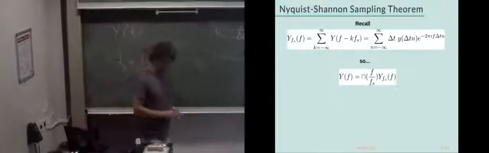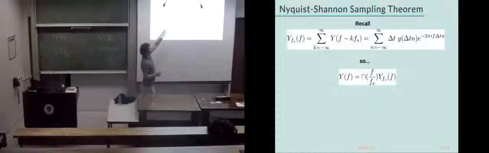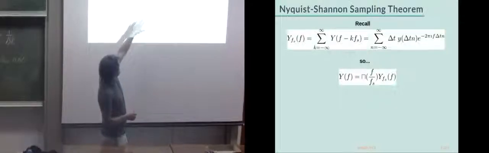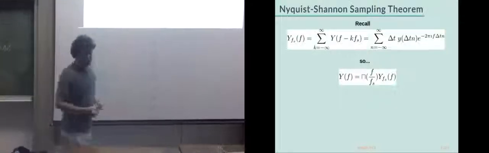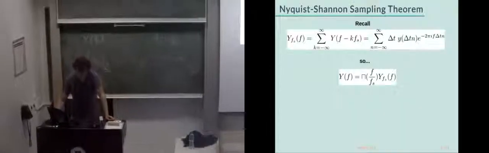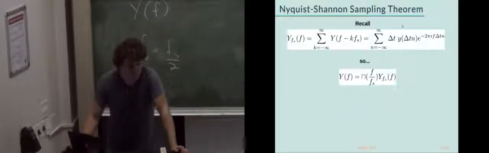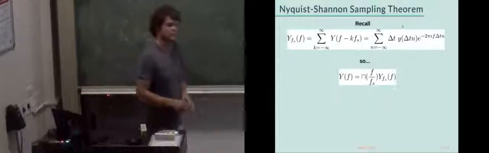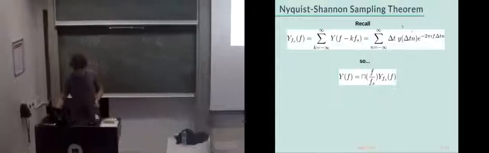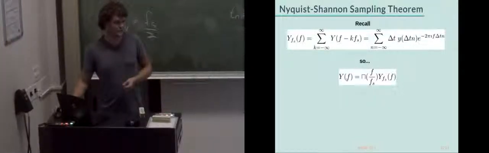So effectively, the way to get back y of f is by just taking a low-pass filter and applying it to this guy. Because this formula holds, that tells us exactly that you could, in principle, reconstruct y of t by just taking the DFT.